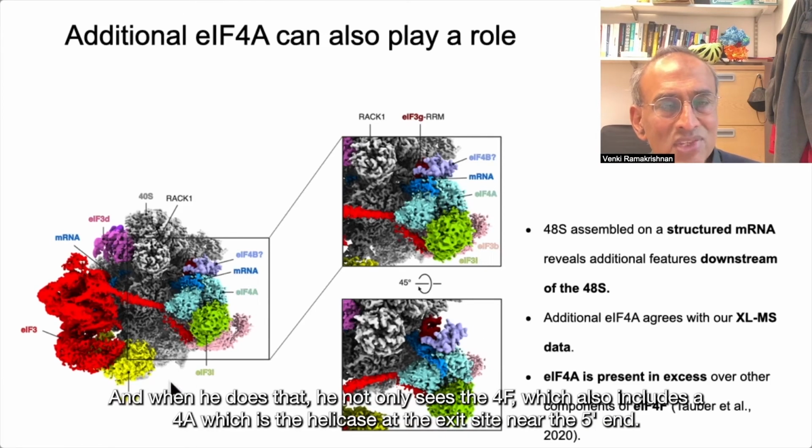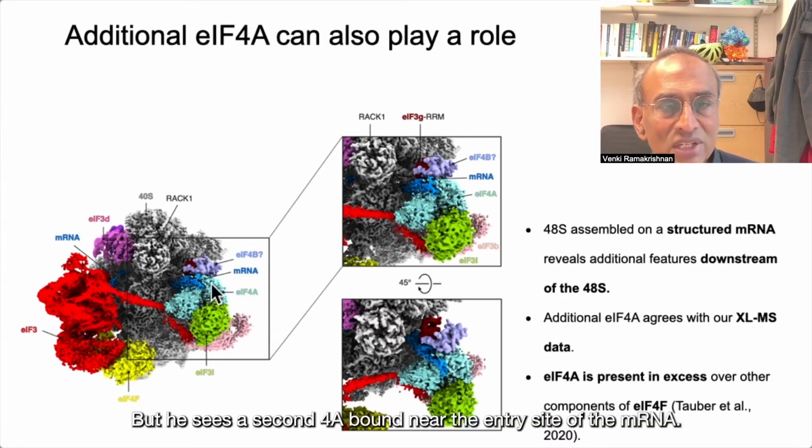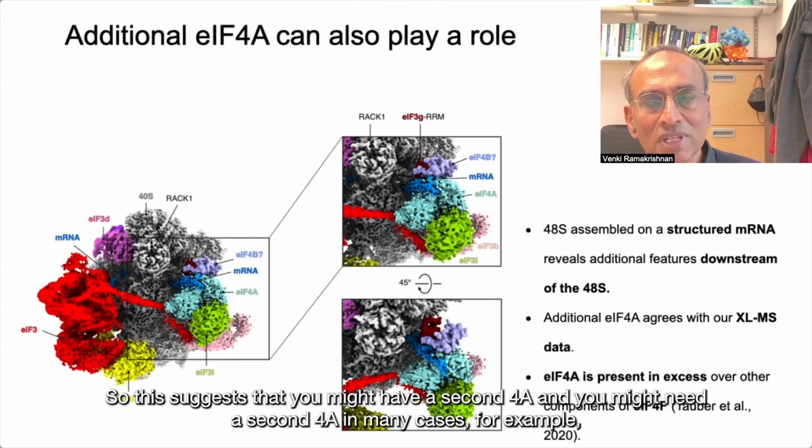And when he does that, he not only sees the 4F, which also includes a 4A, which is the helicase, at the exit site near the 5' end, but he sees a second 4A bound near the entry site of the mRNA.